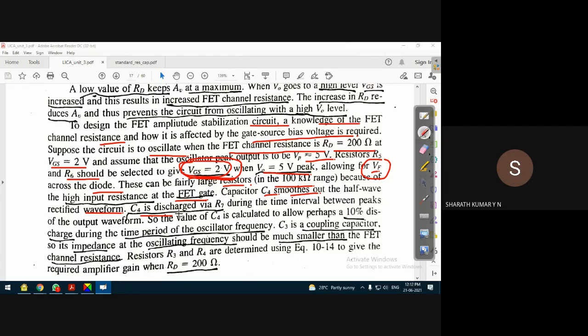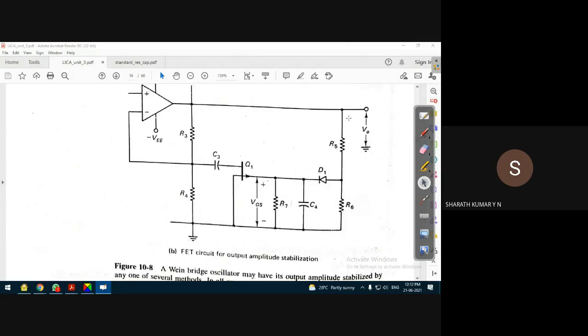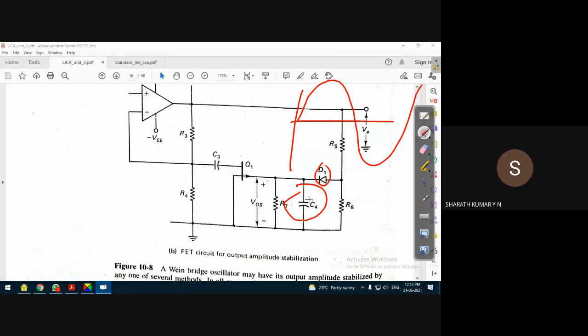Capacitor C4 helps in smoothing out the output rectified by the diode D1. C4 is discharged via resistor R7 during the time interval between peaks of the output waveform. Let's observe this here. Whenever the output voltage changes state, going from positive to negative saturation and negative to positive saturation, this capacitor, which helps in smoothing out the rectified output of the diode, has to change state.